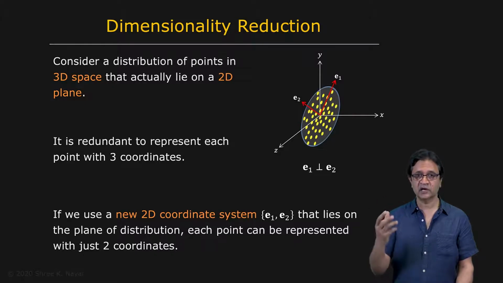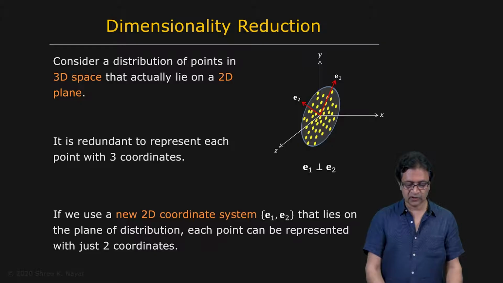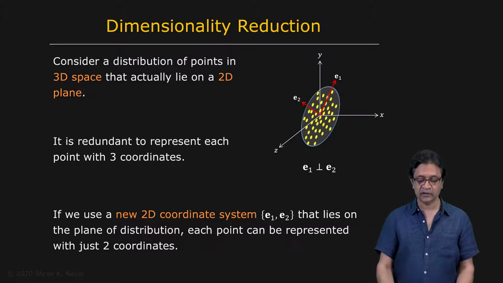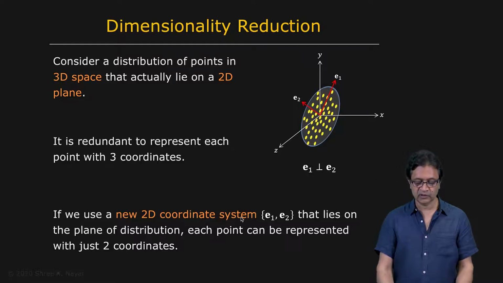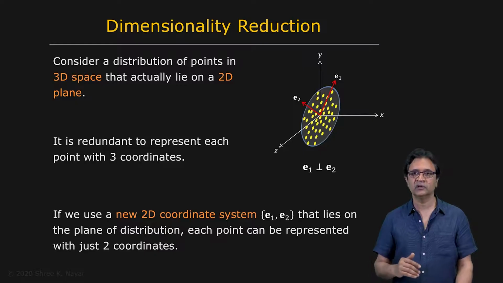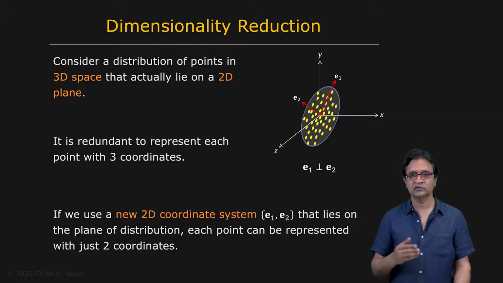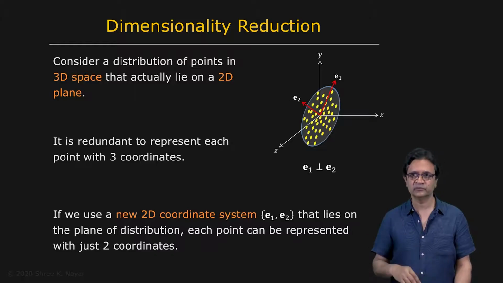Of course, these vectors are described in the 3-dimensional coordinate frame, but once you've done that, you only need 2 parameters or 2 coordinates to represent each point because they lie on that plane. So if we use a new 2D coordinate system, E1, E2, that lies on the plane of the distribution, each point can be represented with just 2 coordinates. That's a simple example of dimensionality reduction where we've gone from 3 to 2.